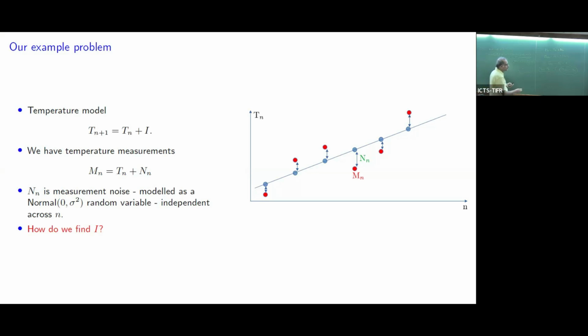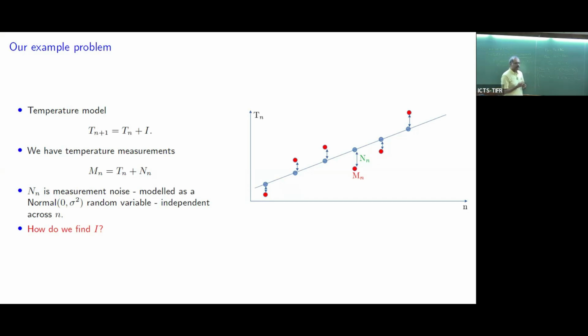Suppose you took another measurement, Mn plus 2, and you did this, then what will you get? You'll get that. So maybe you can think about summing up such differences.